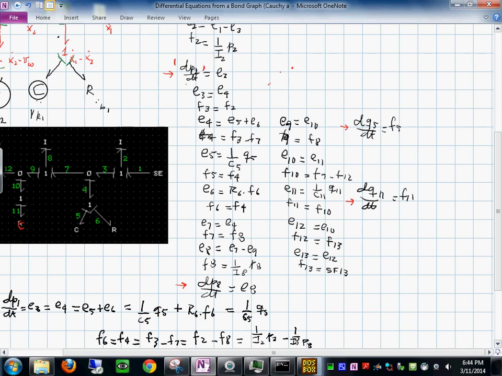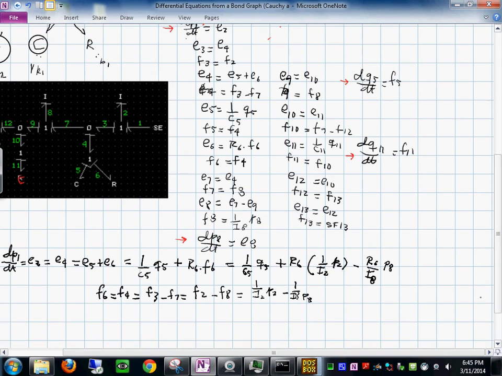Then Q sub 5 plus R sub 6 multiplies 1 over I sub 2 P sub 2 minus R sub 6 times 1 over I sub 8 P sub 8, like that.